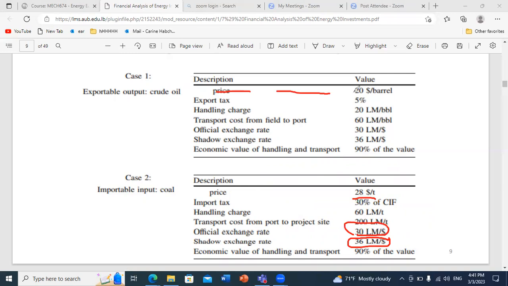For this example, in the financial analysis you will do 20 times 30, while in the economic analysis you will do 20 times 36. So for the economic analysis, we take the shadow exchange rate, and for the financial analysis, we take the official exchange rate.